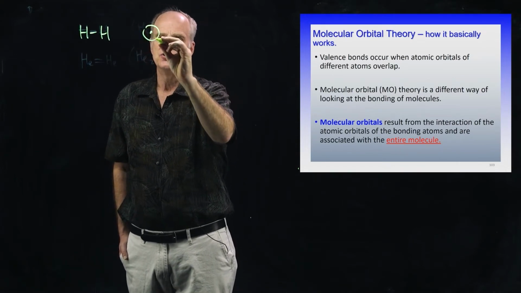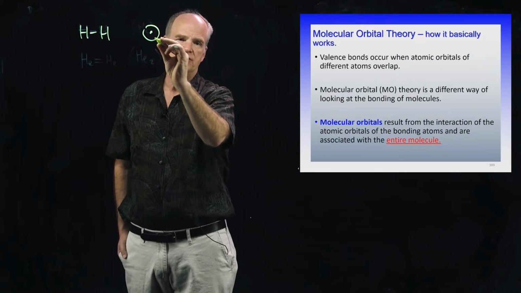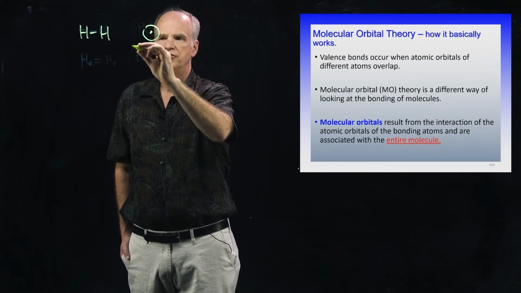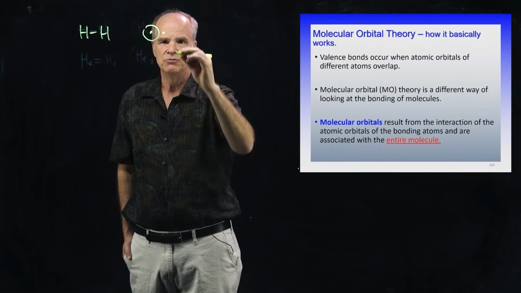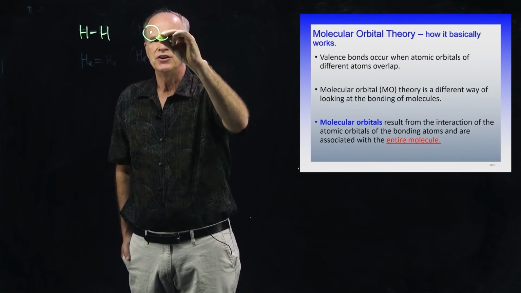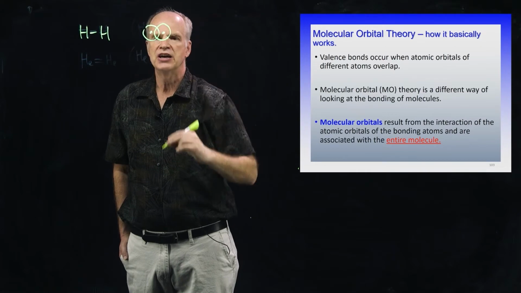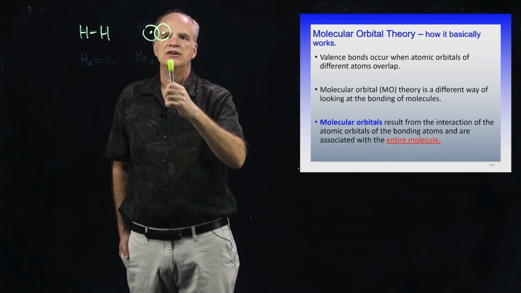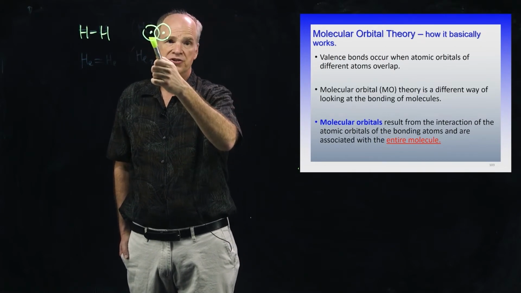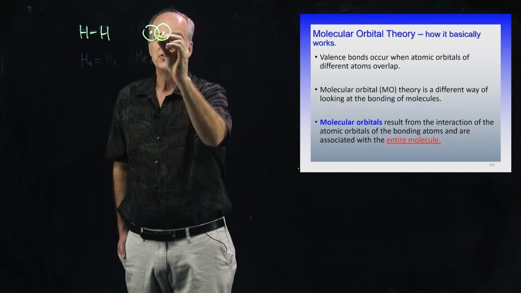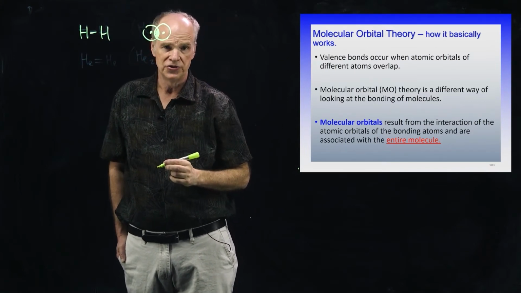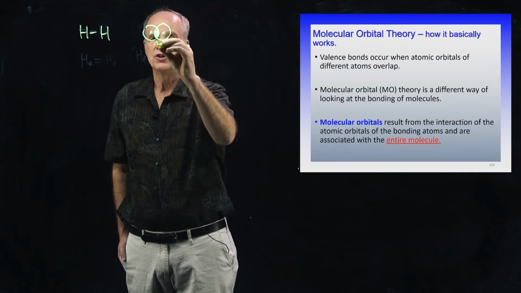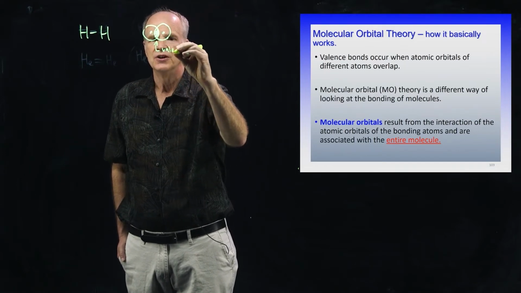The dot is the nucleus, and the circle I've drawn is the 1s orbital for this left hydrogen. Then we have a second hydrogen atom nucleus, and you can see that the 1s orbital from the second hydrogen atom overlaps with the first 1s orbital. This area of overlap between the 1s orbitals of these 2 atoms is where the valence bond forms.